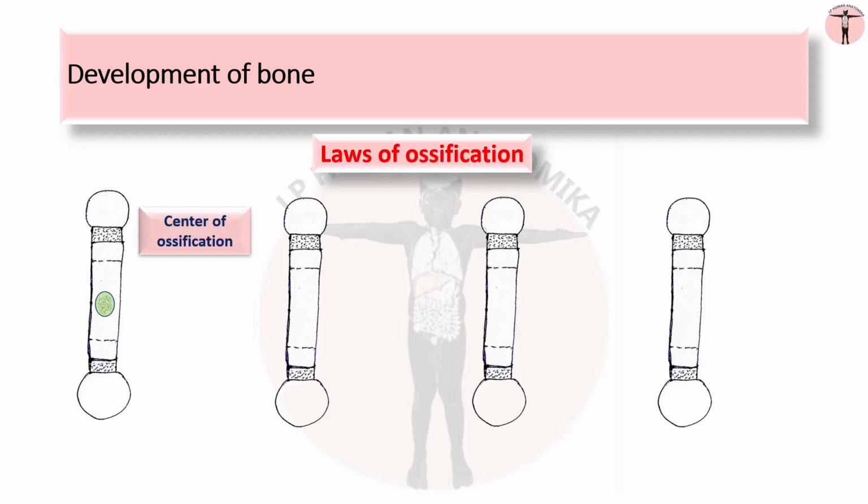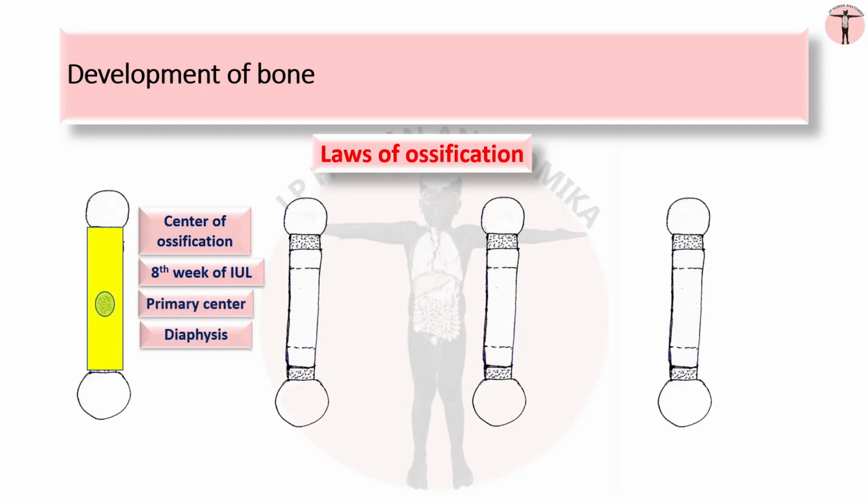The first law is that the center which appears before birth, at 8 weeks of intrauterine life, is called the primary center, which develops into the diaphysis. Usually, one primary center appears in the middle of the bone, but in the clavicle there will be two primary centers, which is an exception to this law.